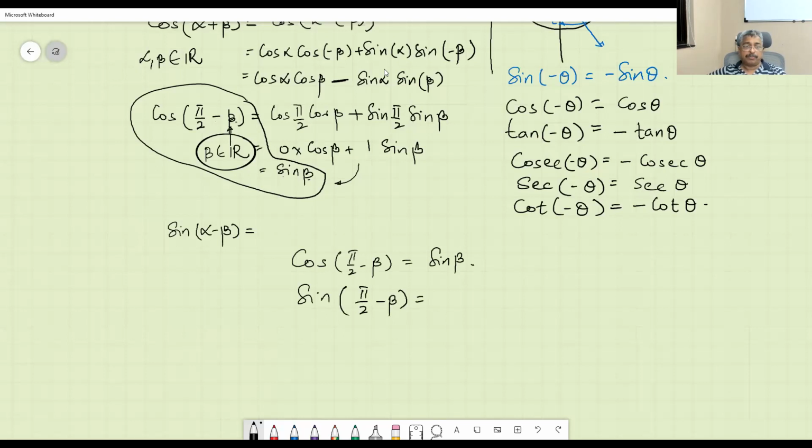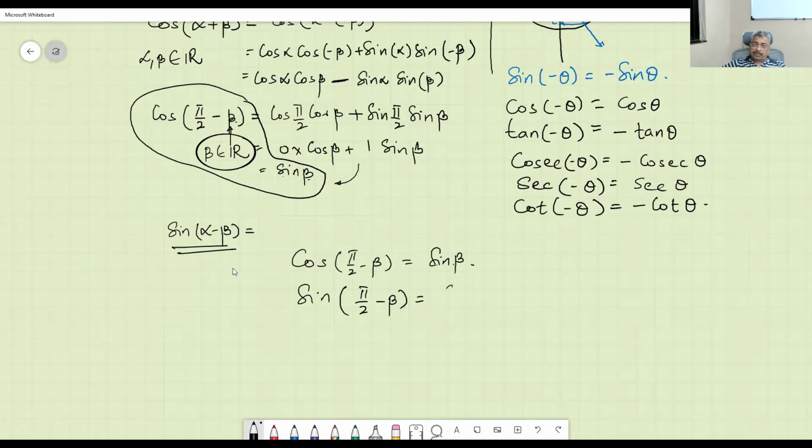Even if we have not developed a formula for sine yet, we can do this. Sine of pi by 2 minus beta is equal to, how do we go about this? We know sine beta is equal to cos of pi by 2 minus beta. Therefore, instead of beta, we put pi by 2 minus beta.